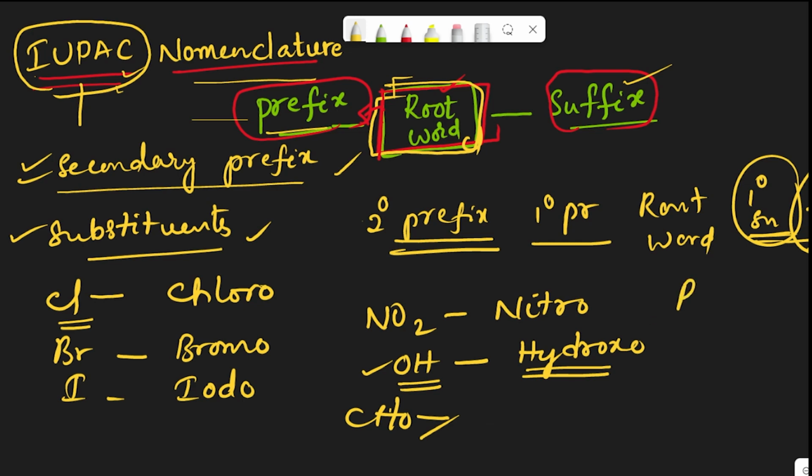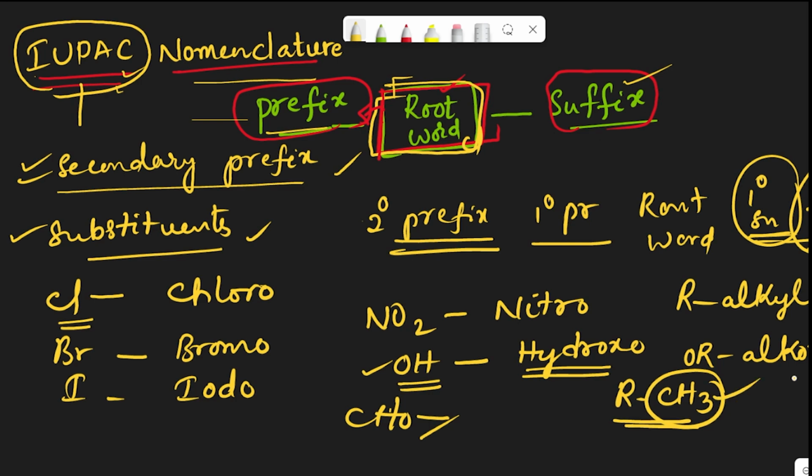If R is given, then you write it as alkyl. If OR is given, then you write it as alkoxy. For example, CH3 means methyl, so you mention it as methyl. If C2H5 is given, then you mention it as ethyl.